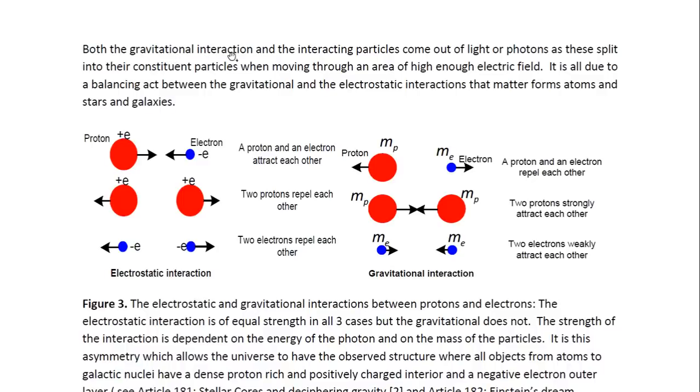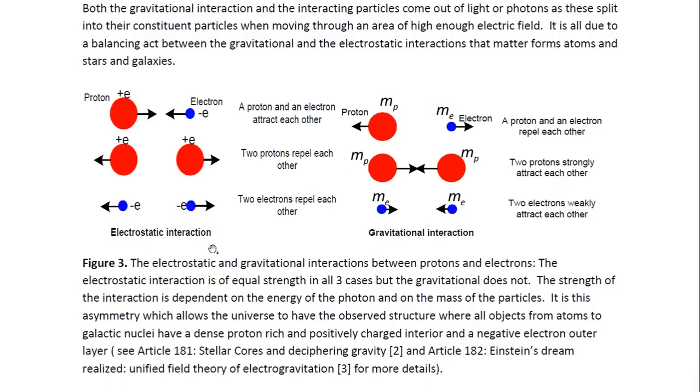Now, both the gravitational interaction and the interacting particles come out of light or photons as these split into their constituent particles when moving through an area of high enough electric field. It is all due to a balancing act between the gravitational and the electrostatic interactions that matter forms atoms in stars and galaxies.